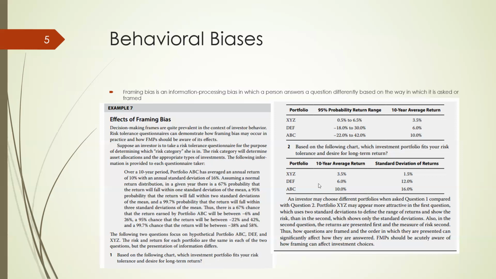But if you put the same thing in this format, where you don't show the probability range, that is the normal distribution range, and you just say standard deviation 3.5%, standard deviation 1.5, 6%, 12%, standard deviation 10%, 16%, he may choose DEF or ABC because he thinks 3.5% is too low, but he doesn't factor this in because he's not aware of the normal distribution of returns. So he will probably choose DEF or ABC. So this is a good example of framing bias.